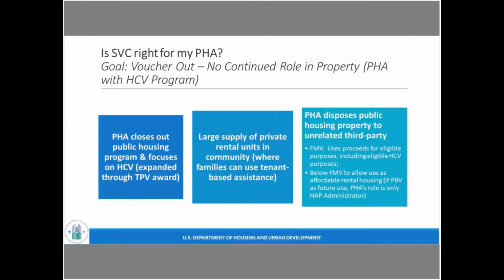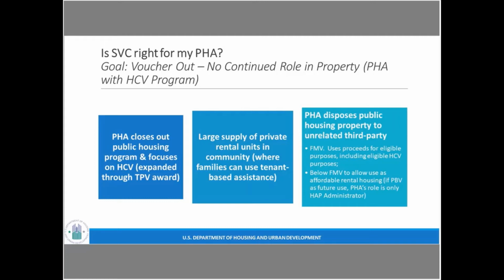But again, in this scenario the housing authority itself doesn't really want to stay involved in that property. They just want to be focused on their role as HCV administrator and protecting the families through tenant-based assistance. So this is one huge bucket of how the SVC program could work.